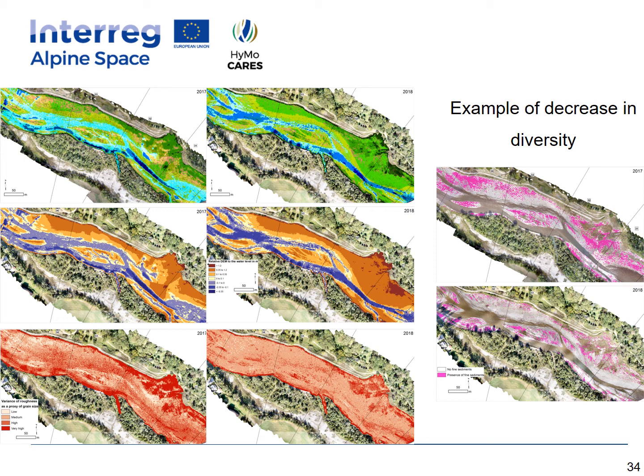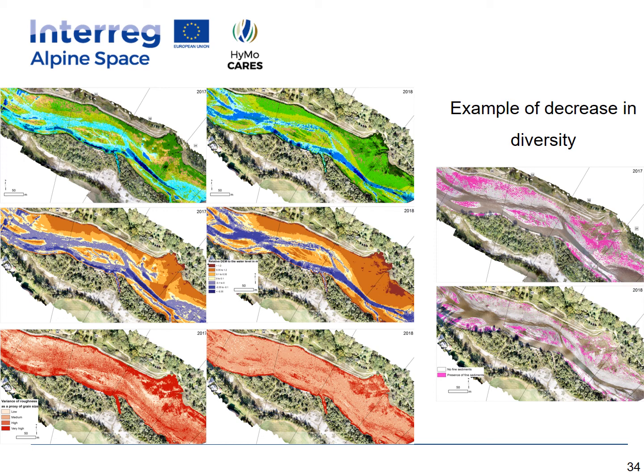On the top are the maps of the 40 physical habitat types, just under the maps of the relative elevation to the water level, and on the bottom the maps of the various classes of roughness variance. On the right part of the slide are the maps of fine sediment patches.